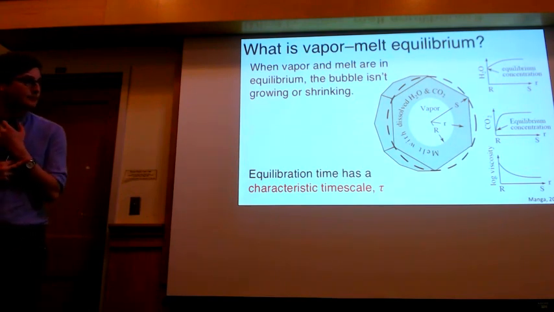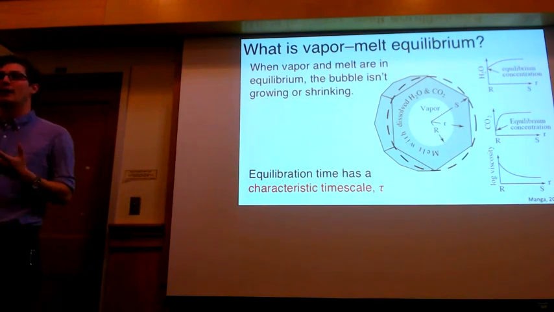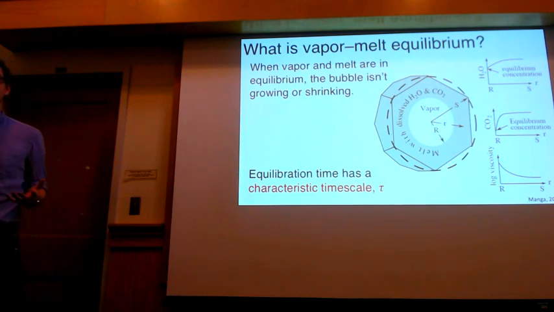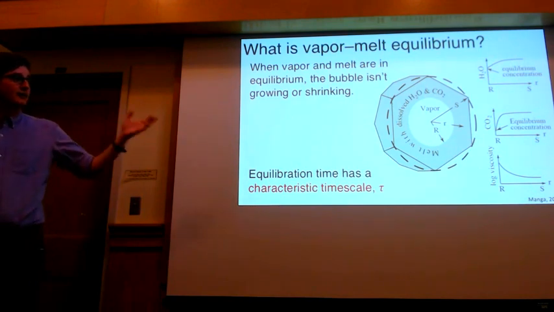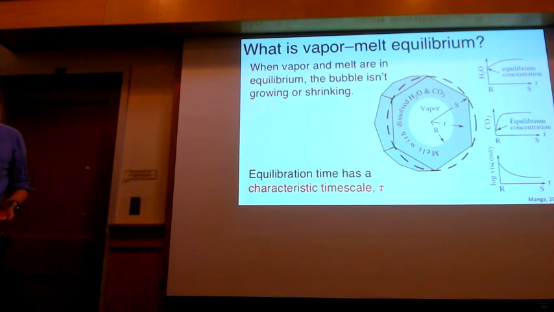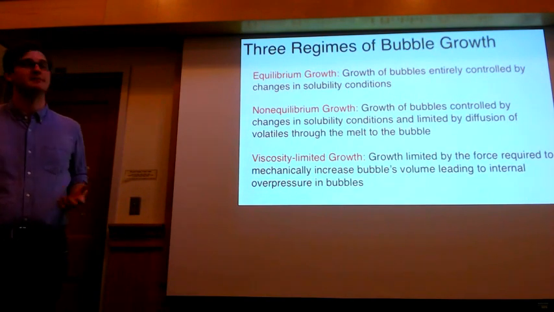And so since we really care about how quickly these bubbles can grow and how that can really affect eruptions and general conduit processes, we are very interested in what this equilibration timescale is. And so we have a characteristic timescale that we call tau for that. Now there's three regimes of bubble growth.